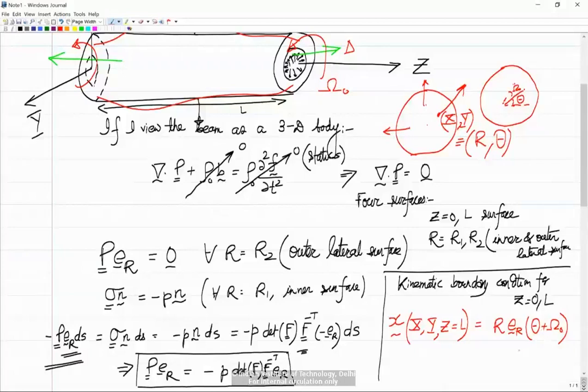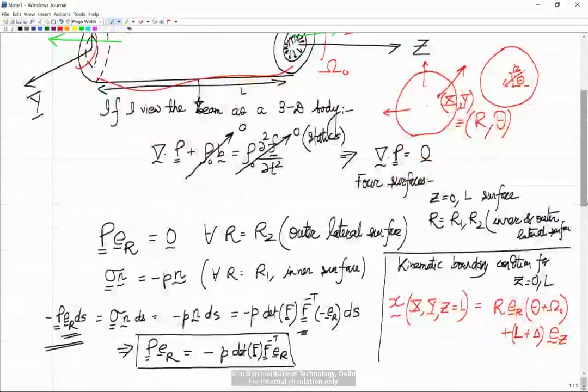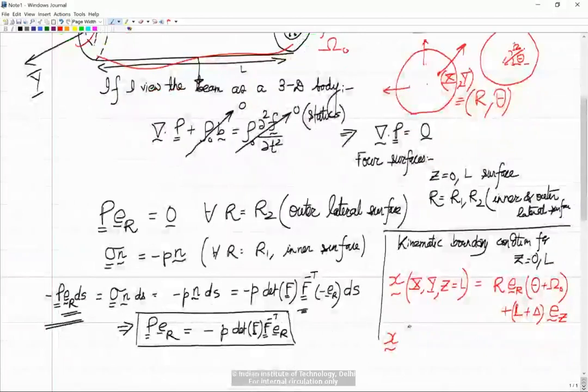So this just takes care of the displacement in the cross section. But then you have to also add to it the axial movement, isn't it? So that's going to be plus L plus delta Z E Z. Likewise, for the other cross section, it's going to be small x, again for all big X, all big Y, but Z equal to 0.